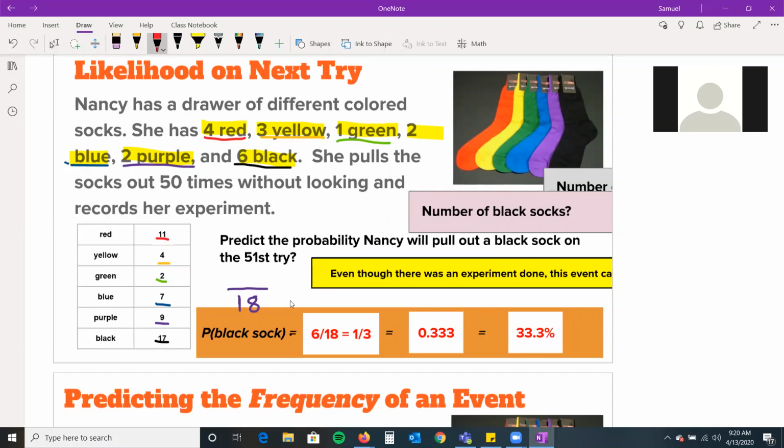So if we're trying to predict that, what do you guys think that answer would be? I mean, I know some of these files got a little slid over. But total, we've got 18 socks, right? And she did this experiment. It looks like there's a lot of blacks here, right? In the experiments. So what do you think? What's the probability of Nancy pulling a black sock out on the 51st try?